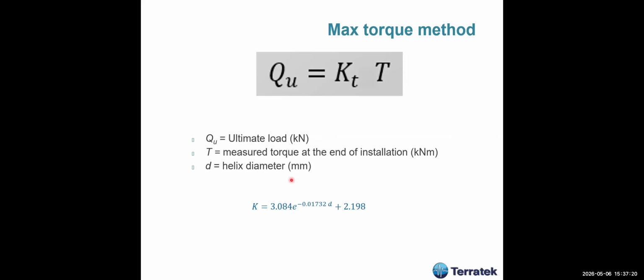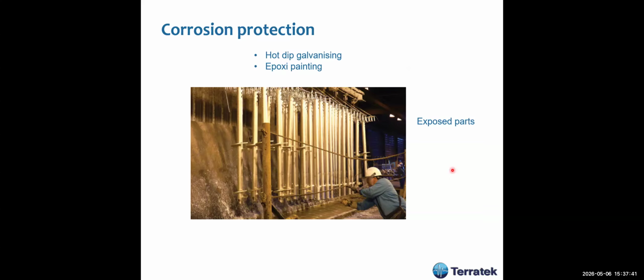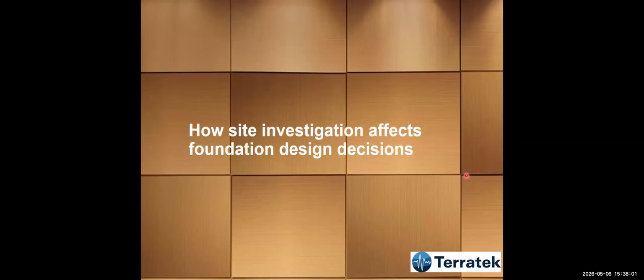And you might be concerned about corrosion, and there are ways of dealing with that. One of them is hot dip galvanizing, which is sometimes used for soil anchors. Epoxy painting is another way, on the exposed parts that you have to take into consideration.